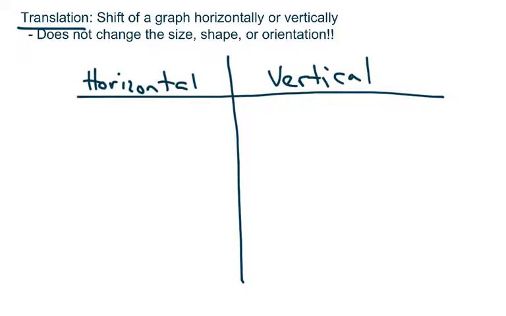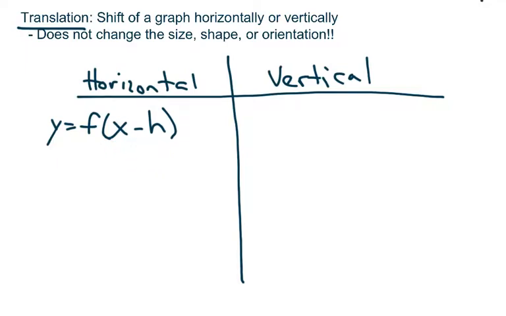For horizontal translations, it's y equals, so our original function, f of x minus h. Notice the minus h is on the inside of the parentheses. We're doing something directly to x, x minus h.